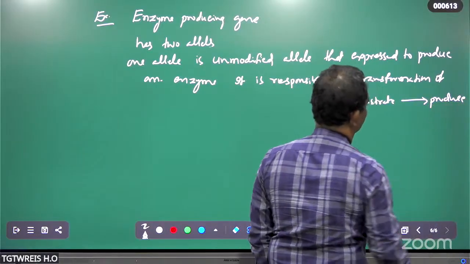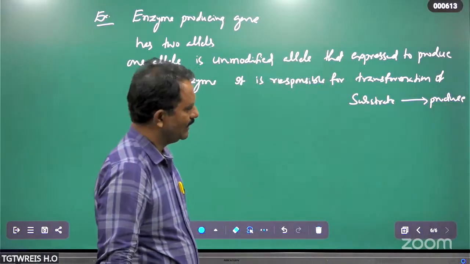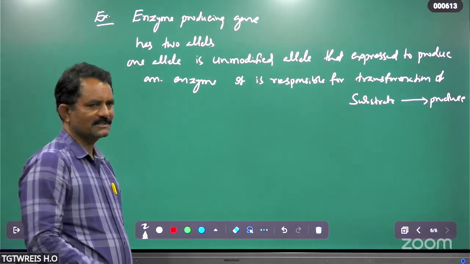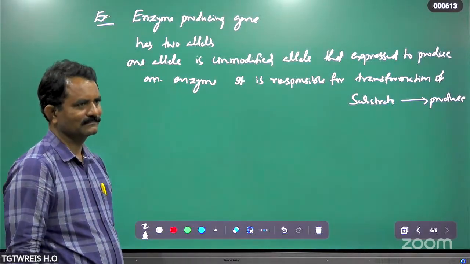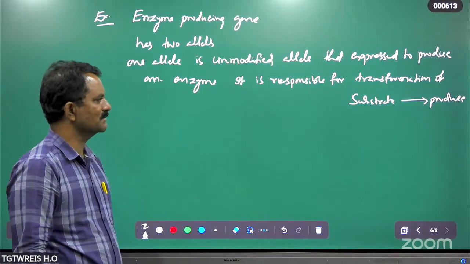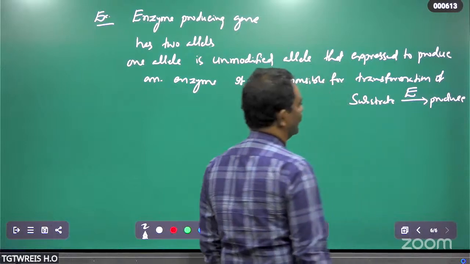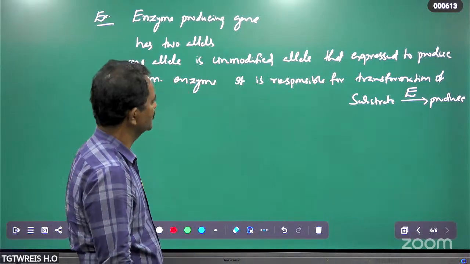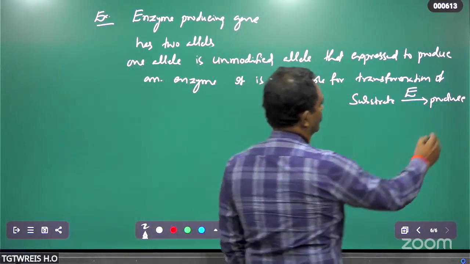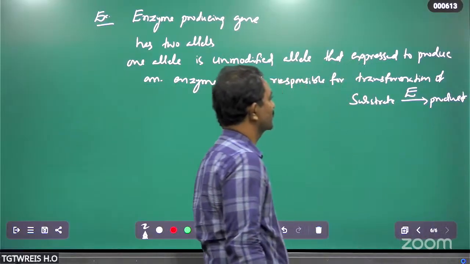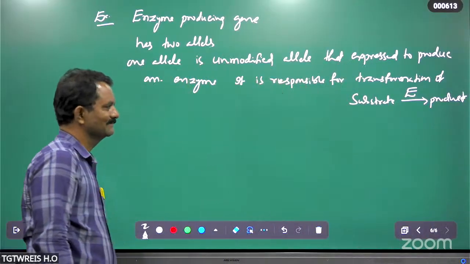So what is the duty of enzyme? An enzyme converts the substrate into product. Right, this is the enzyme. Enzyme converts the substrate into product. What is the enzyme duty?